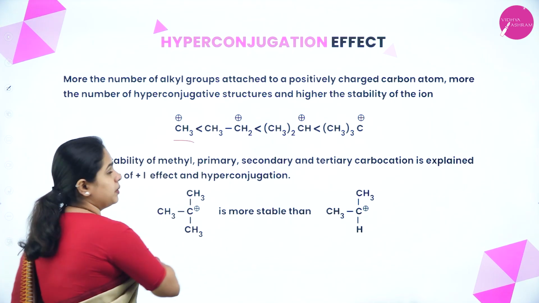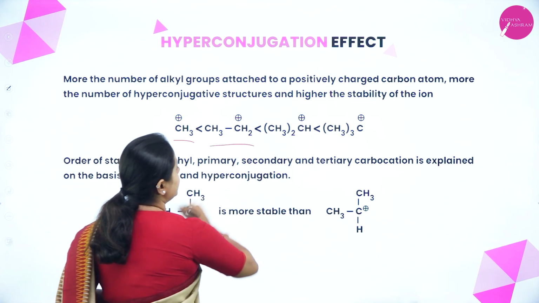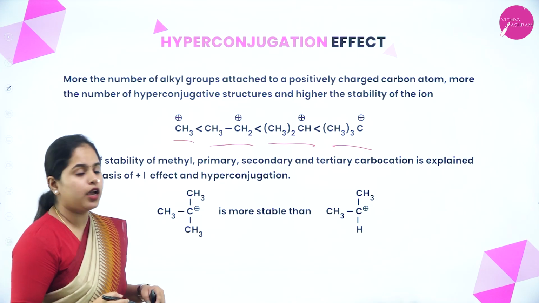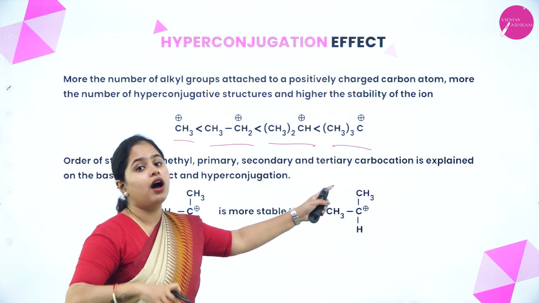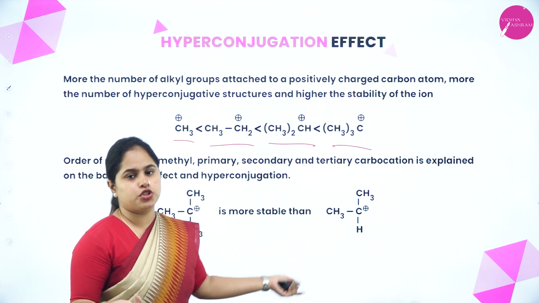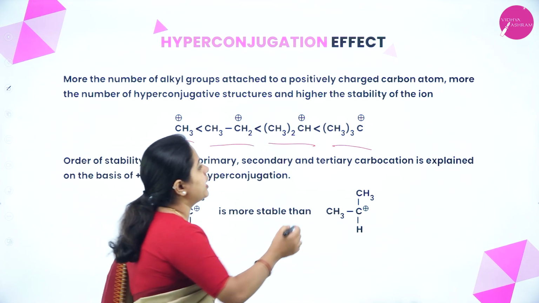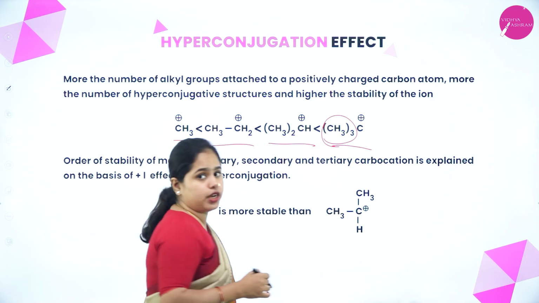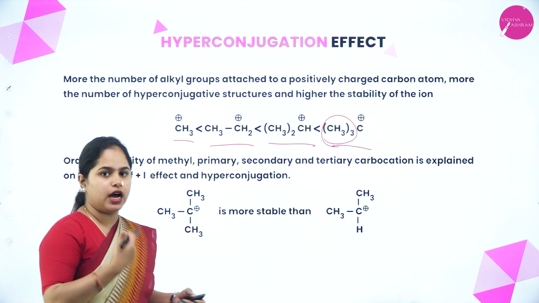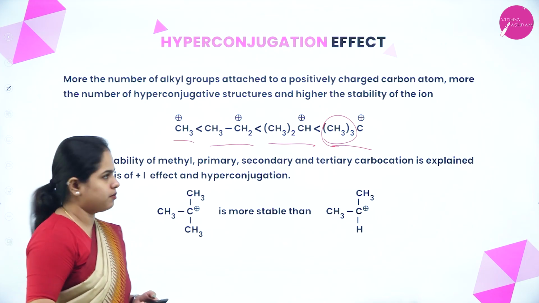As you can see, this is the methyl carbocation, this is ethyl, this is secondary and this is tertiary. So in the order, tertiary will be having the highest stability, as it is having more hyperconjugative structures and more alkyl groups. There are 3 CH3 groups, right? CH3 thrice, 3 CH3 groups, more electrons to transfer to the electron deficient carbon atom.